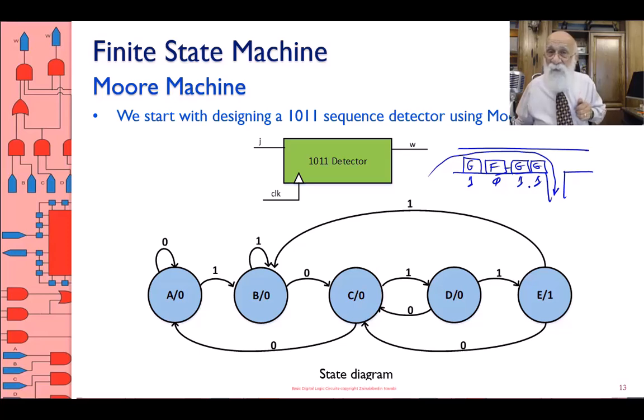Here, I'm not changing the state of my circuit for zeros being received. And therefore, for as long as I'm getting zeros, for as long as I'm finding flower shops on my path, I'm not changing my state.